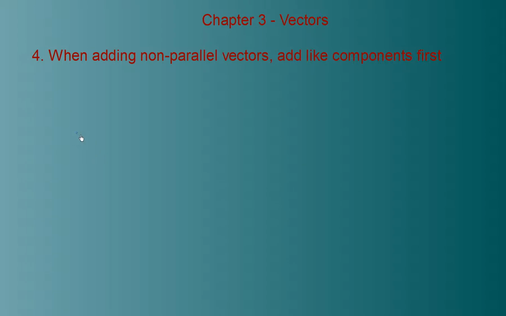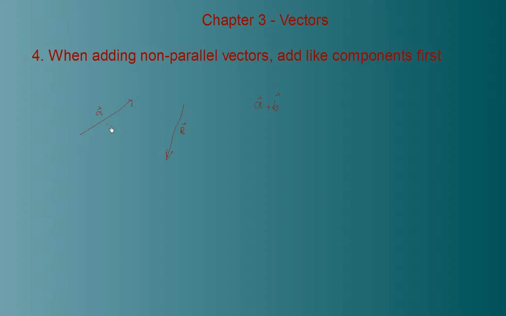Let's say we have two vectors. One is vector A, going like that, and the other is vector B, maybe going like this. What's A plus B?